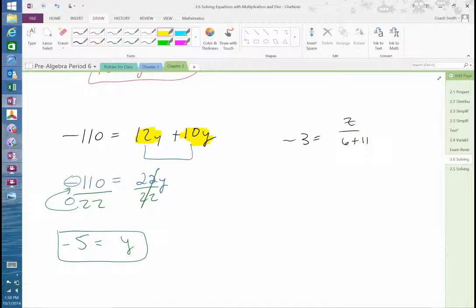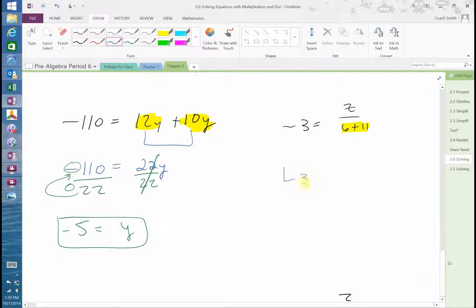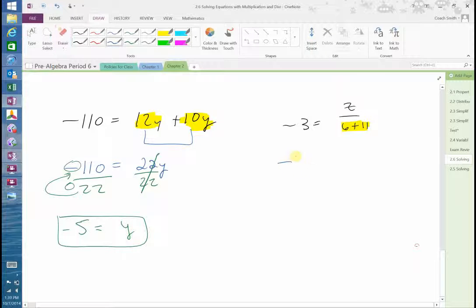I just have to do this first, so it gives me negative 3 equals z over 17. And then what do we do? Yeah, we multiply by 17 on both sides, and that gives me negative 51.